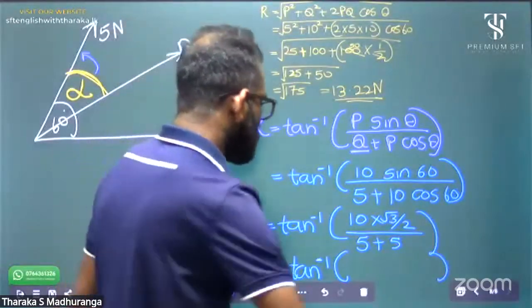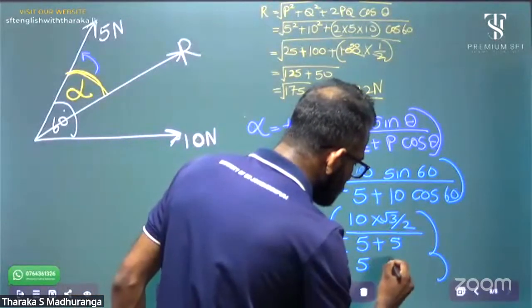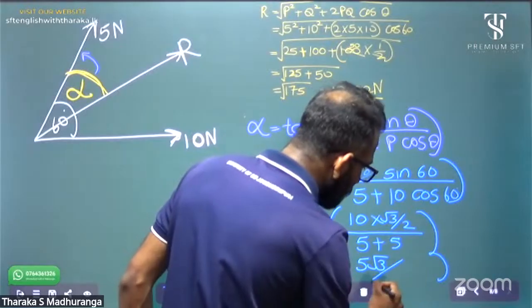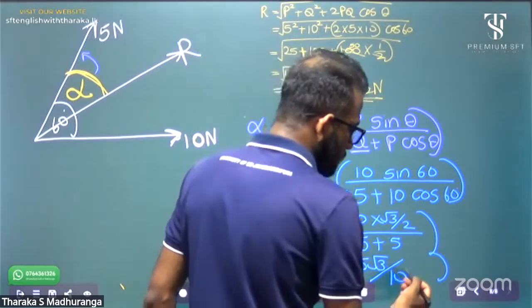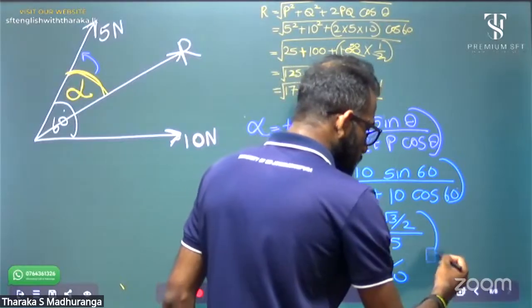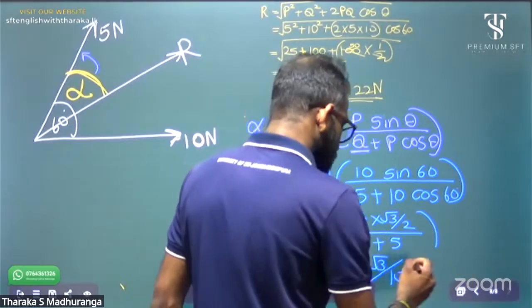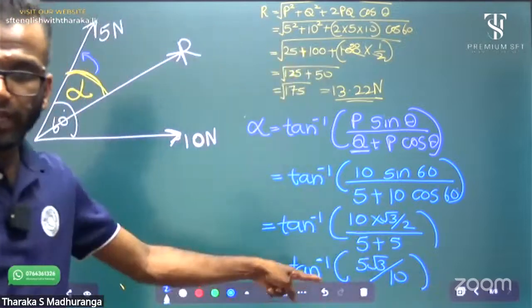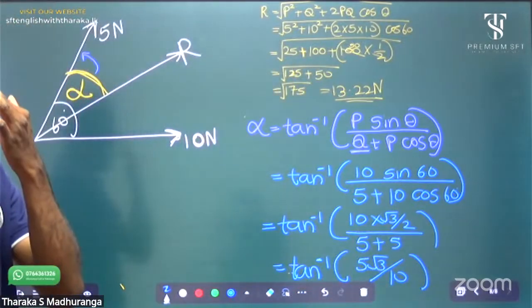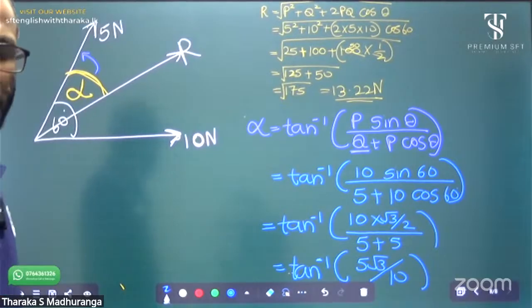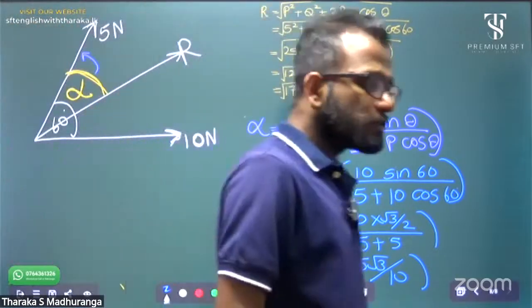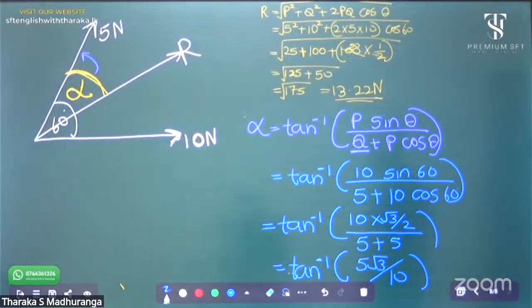Now 5 root 3 over 10. Okay, now? Tan inverse 5 root 3 over 10.